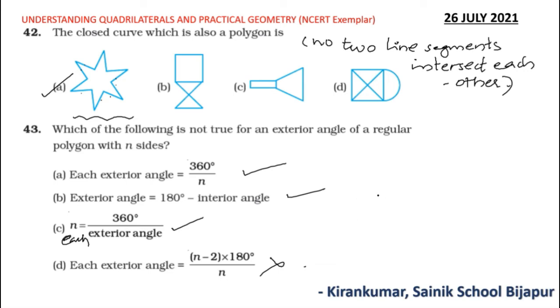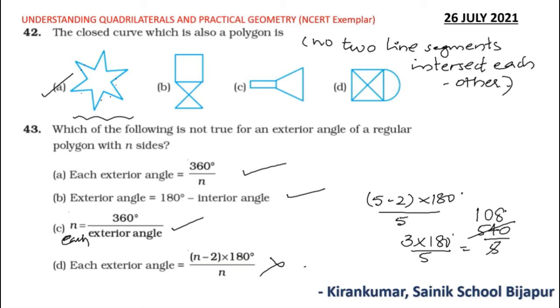Suppose I consider a 5-sided figure, a pentagon. So (5 minus 2) into 180 degrees divided by 5. If I consider that, this will be 3 times 180 degrees divided by 5, so 540 divided by 5, which will be 108. So 108 degrees is not the exterior angle in a regular pentagon.